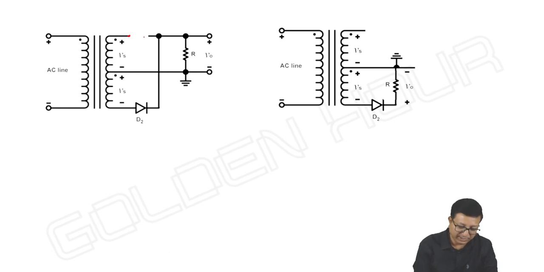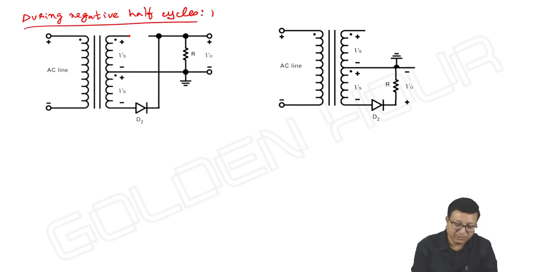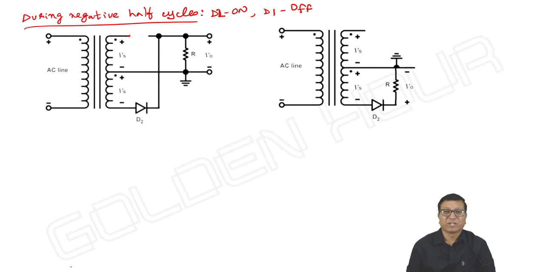So during negative half cycles, D2 is on and D1 is off. Sorry, I wrote it in reverse. Let me change it to D2 and this one as D1. Okay, done.